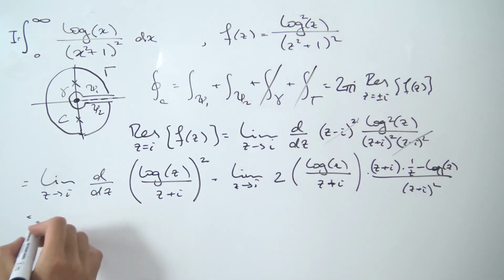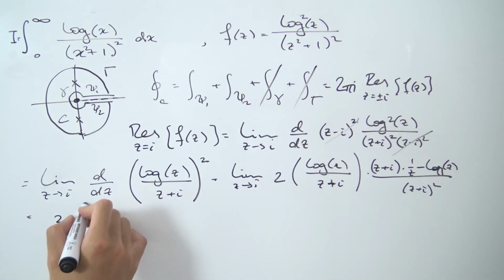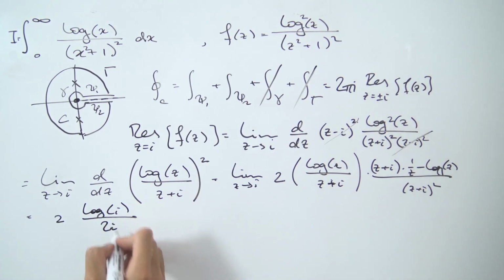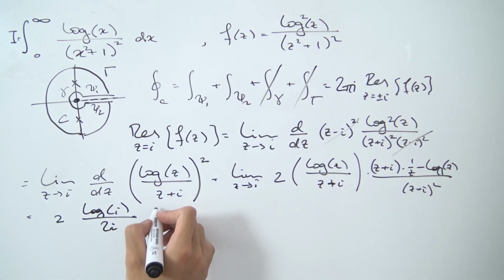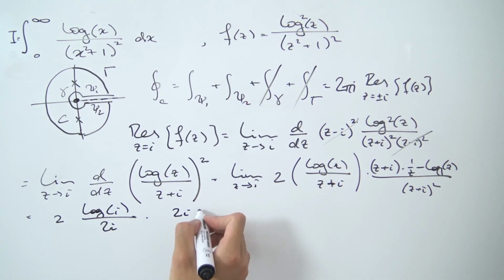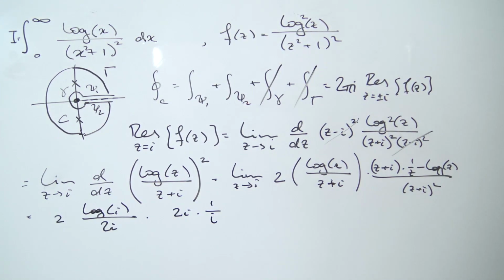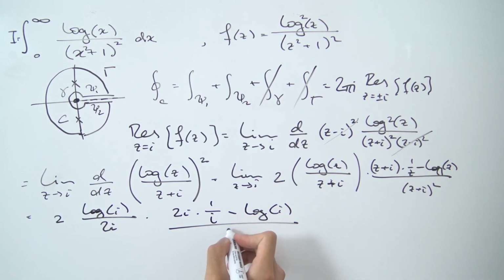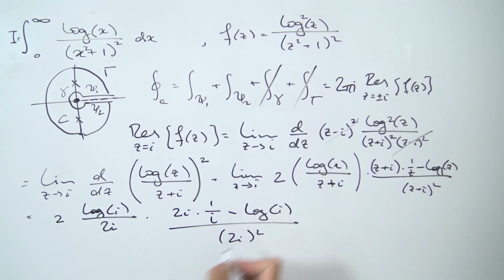So we have 2 log of i divided by 2i, then we have z plus i, which is 2i, times 1 over i, and then minus log of i divided by (2i) squared. These 2's are going to cancel, these i's are going to cancel, and (2i) squared is just minus 4.